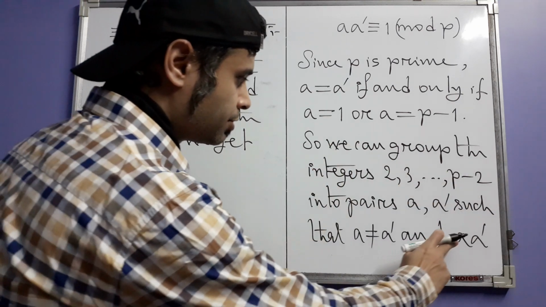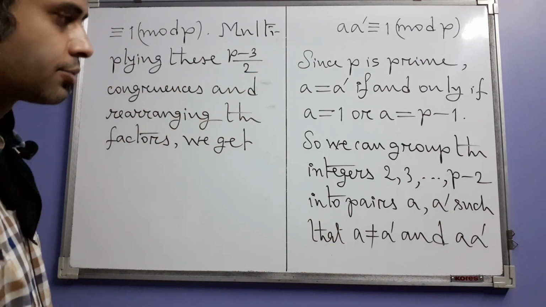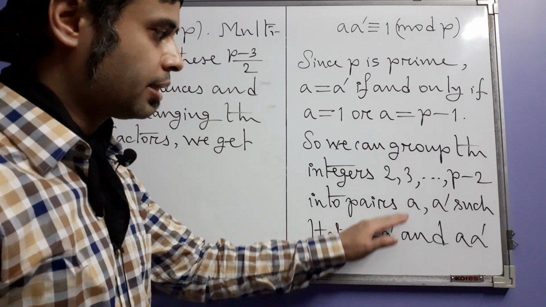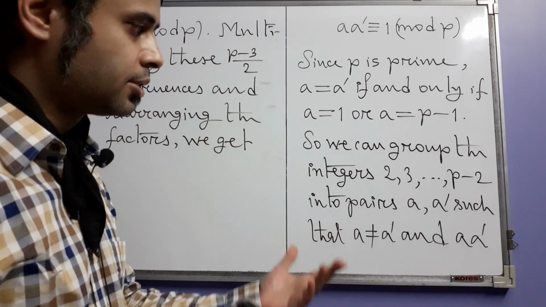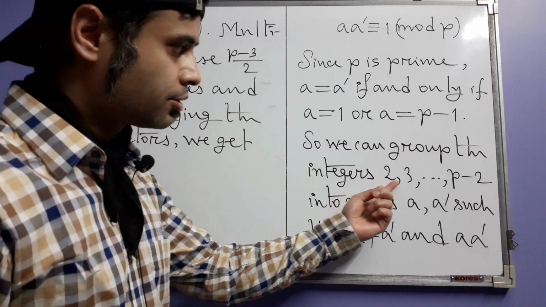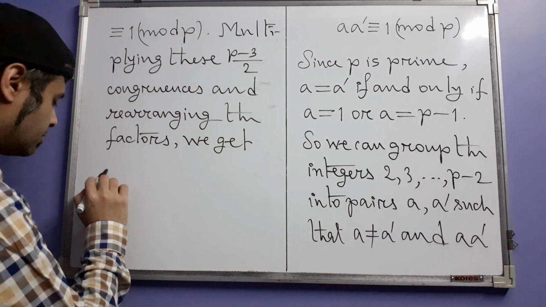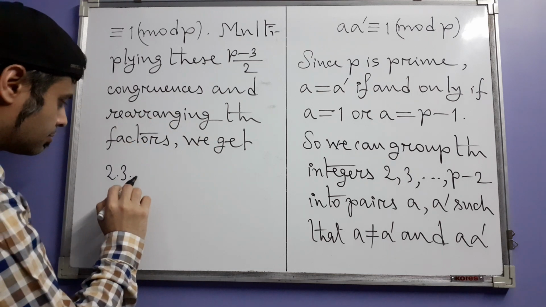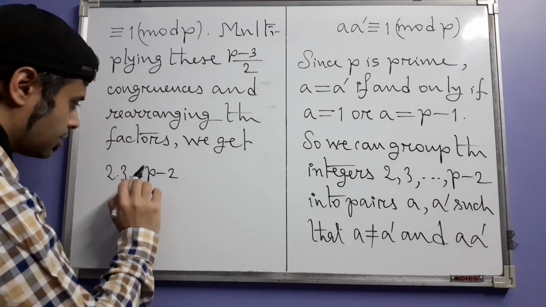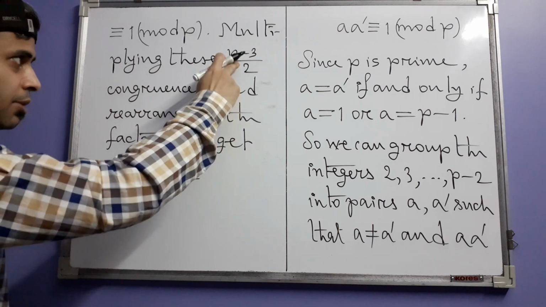We don't really know with which A prime will come in each congruence, but at least we know that if you take into account all the congruences and multiply them out, then the left hand side would consist of precisely these integers. So, you would get this. That is why we say after rearranging, the left hand side is the product of the integers from 2 up to P minus 2, but the right hand side will be a product of this many ones.